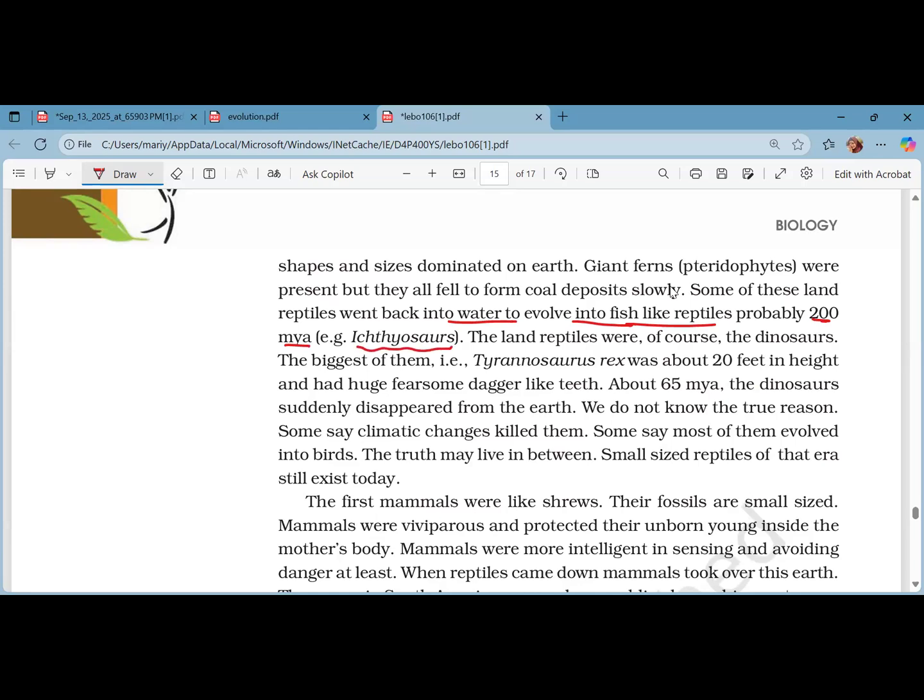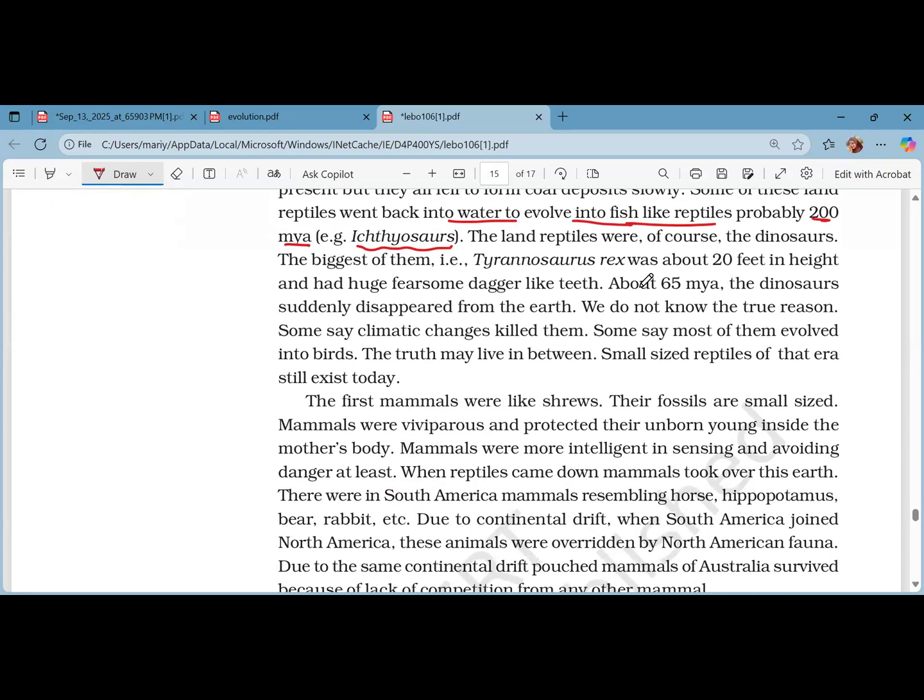Now, during that time, in the early times, there were large reptiles present, such as the dinosaurs. The biggest one was the T-Rex, that is Tyrannosaurus rex, which was about 20 feet in height and had huge, fearsome dagger-like teeth.